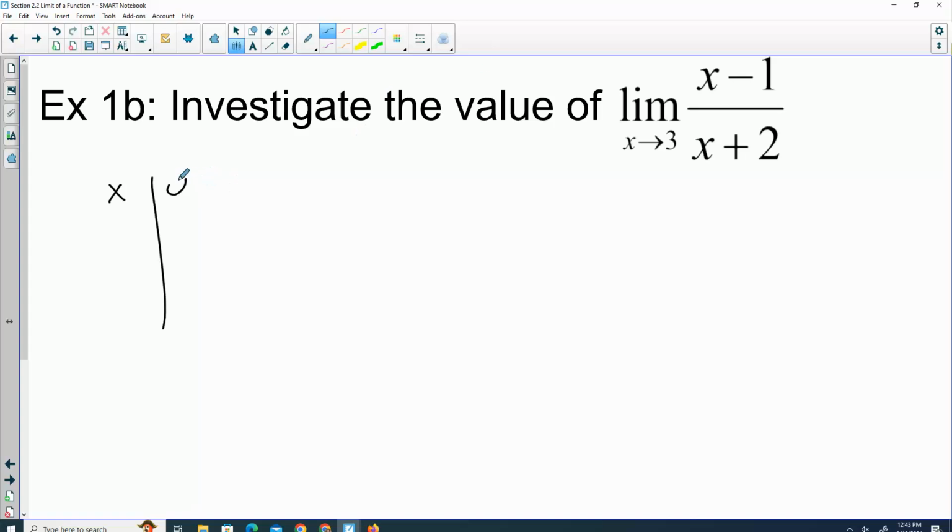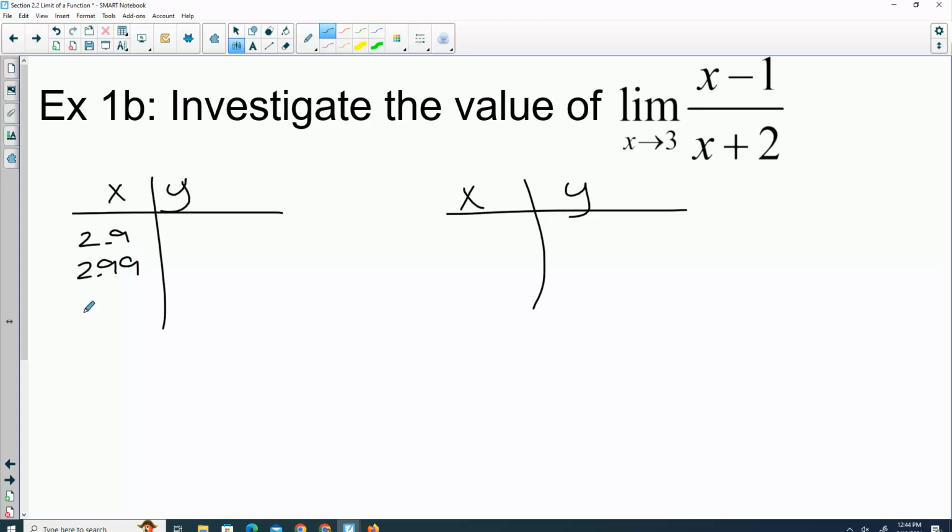So we make our table, x and f of x. What x are we approaching? 3. Okay, so we need to be smaller, and we need to be bigger. Are we okay with just dividing up the work every time?